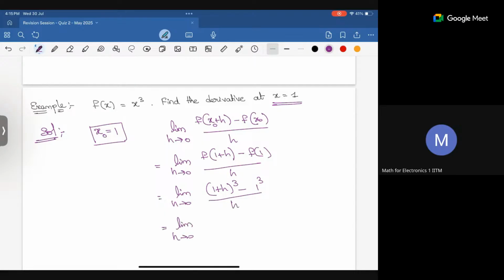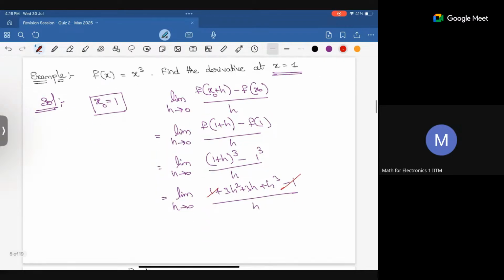I can expand 1 plus h whole cube: 1 plus 3h square plus 3h plus h cube, minus 1, whole divided by h. There will be some cancellations, and then h also you can cancel in the denominator and the numerator.